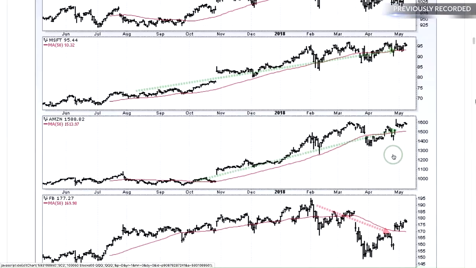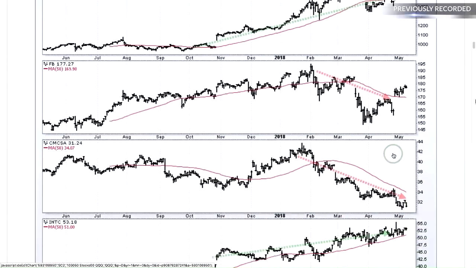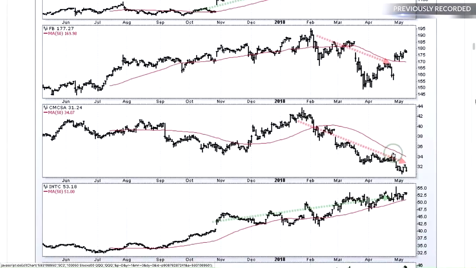And then we can see Google is struggling. And Facebook, I'm not sure what to make of Facebook, because you can see here that you had this pretty sharp decline with the gap down, and you've come back up and you've got a gap up. And one user wrote in and asked, is this an island reversal? Well, it's not an island reversal because this gap down here is not equal with this gap up here.